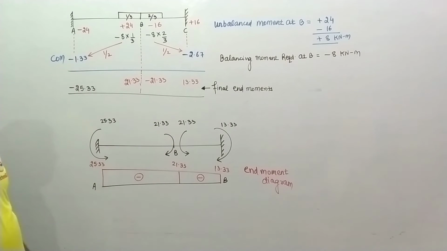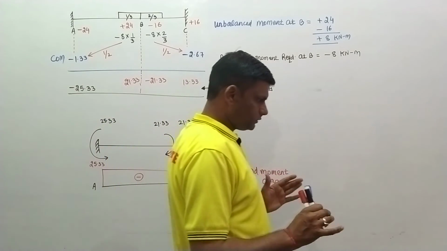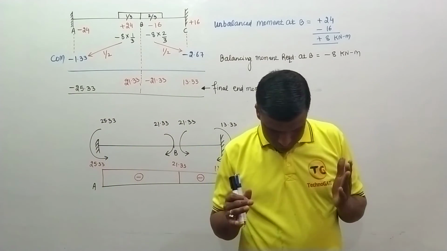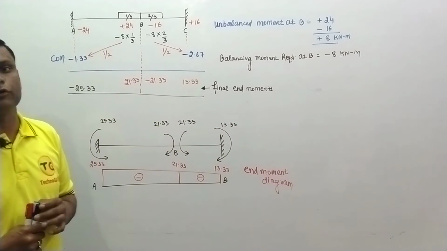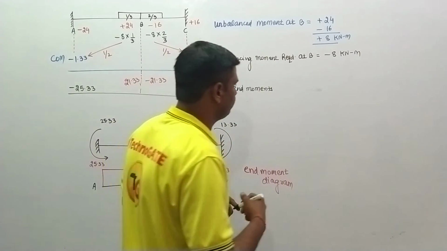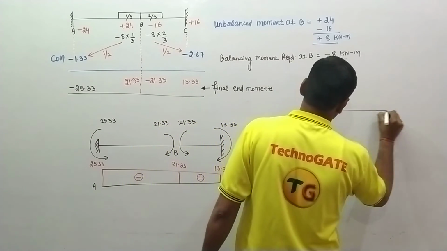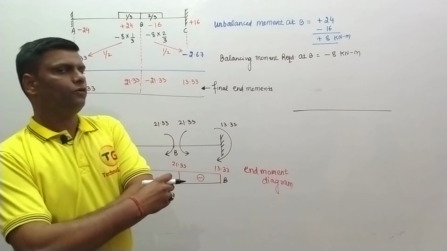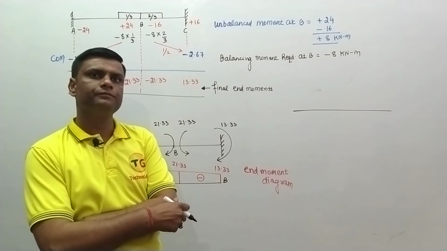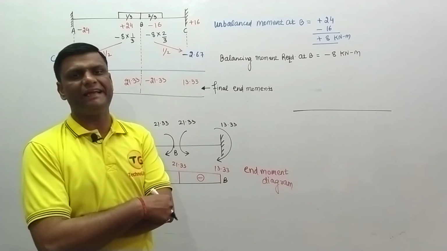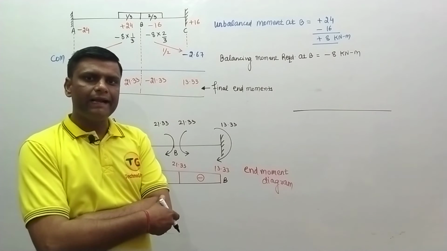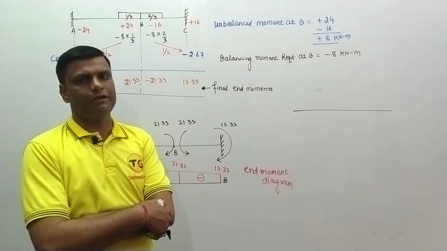Now it's time to plot the simply supported moment diagram. As we know that for simply supported moment diagram, when the loading is at center, then the maximum bending moment is equal to PL by 4, and for UDL loading it is WL square by 8.